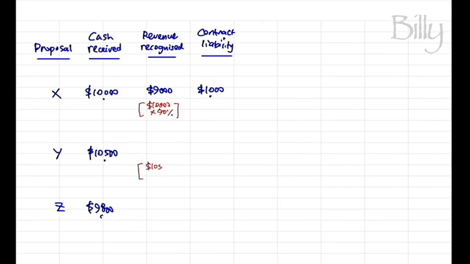The revenue that we can recognize is only up to 70%. Revenue that we can recognize for Proposal Y should be 7350. 7350 we can recognize as revenue. The amount we cannot recognize as revenue will be the balance, $3.15 million.